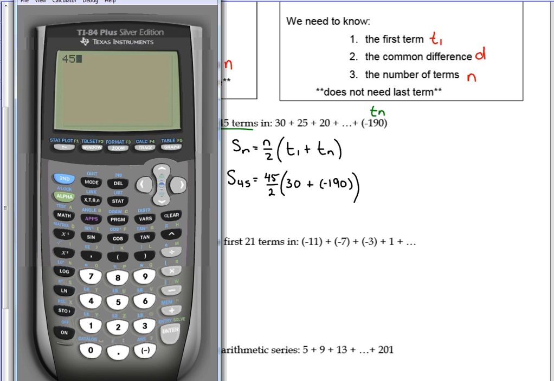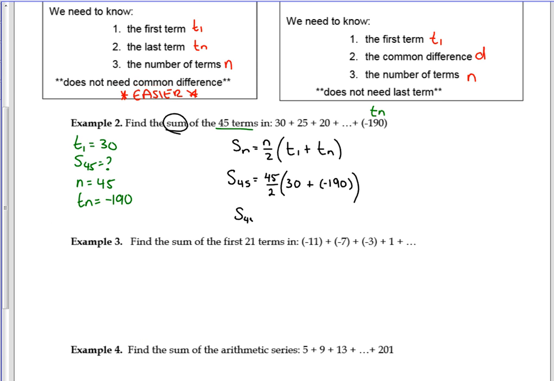The nice thing about this formula too, it's kind of like hard to mess up typing it in. 30 plus negative 190. Okay. So you get the same thing, negative 3,600. That's what you should get.